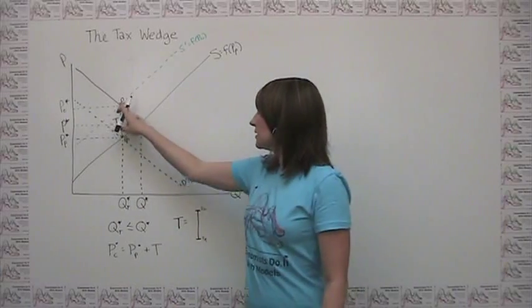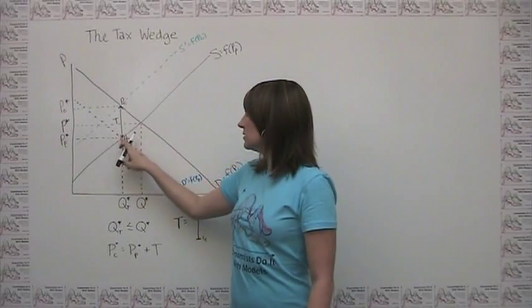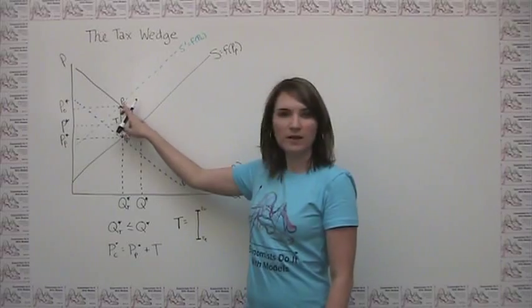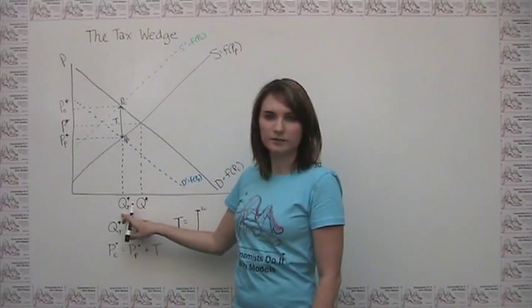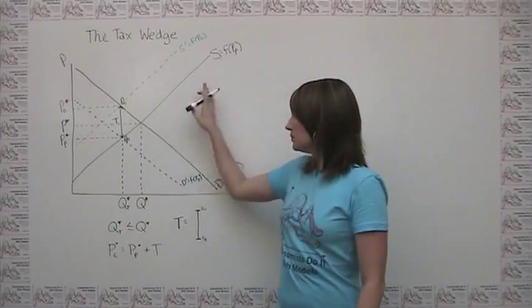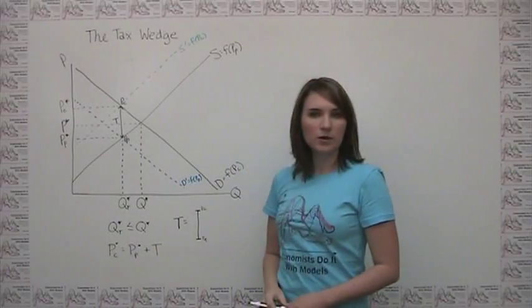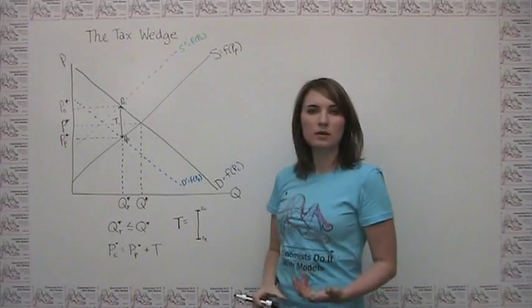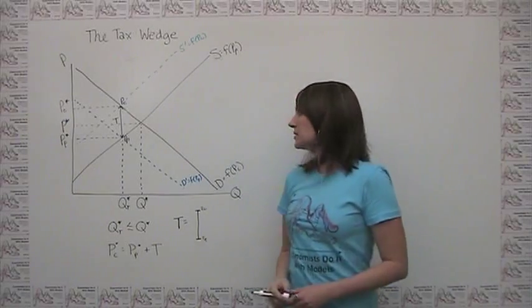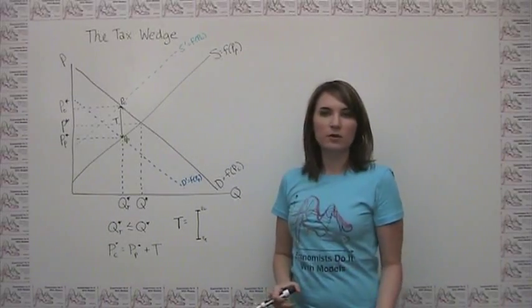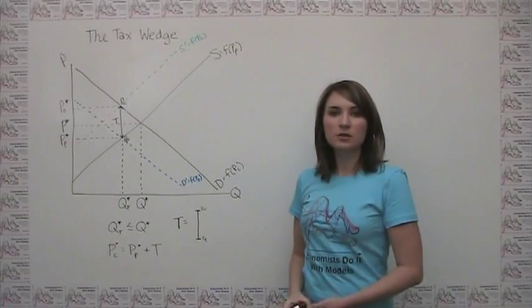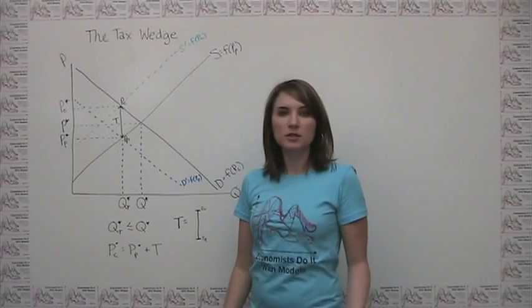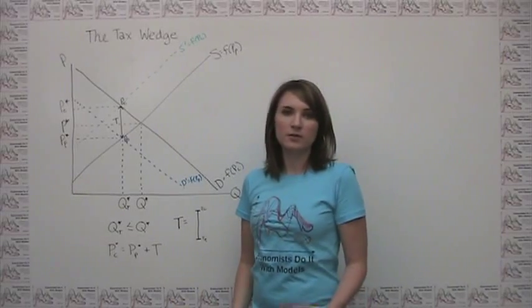Also, in either case, the intersection of the two relevant curves is at this quantity transacted here. So we can show that all of these approaches give the same quantitative outcome. Some of them are just easier and more straightforward to draw than others. You should feel free, unless specifically told otherwise by your instructor, to use whichever approach feels most comfortable for you.